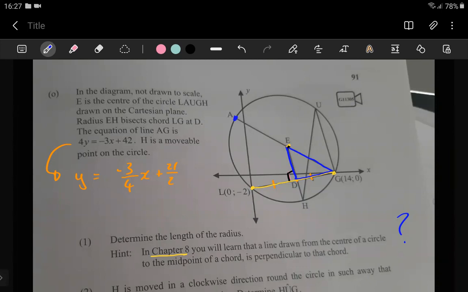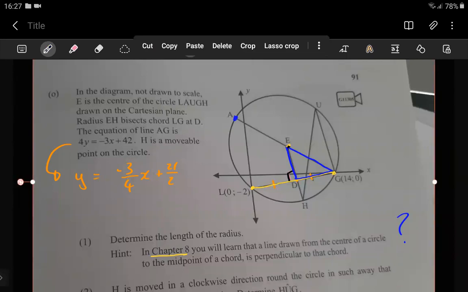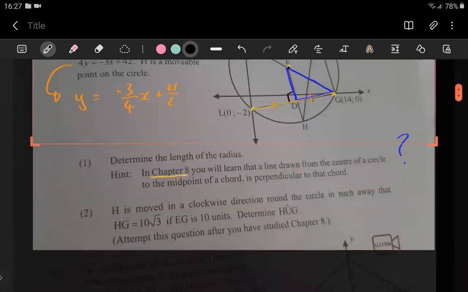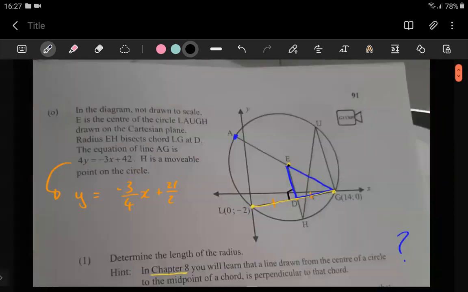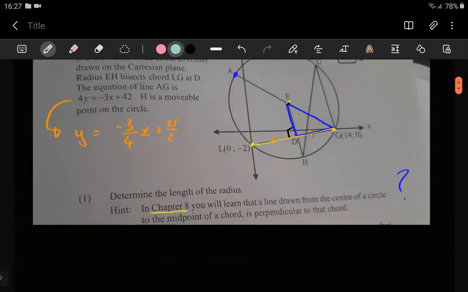Well, let's use the distance formula to find out what LG is first. So if you use the distance formula, let's just maybe start working instead of complaining. Let's write out what we can write out based on the information we have.